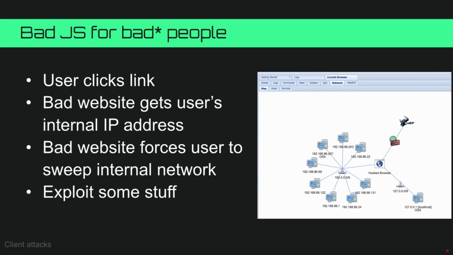BeEF has a number of modules that can help with these phases, from using WebRTC to doing the port scanning. And this picture is a feature inside the product where, after you run these modules, it gives you a little diagram, which is really useful.